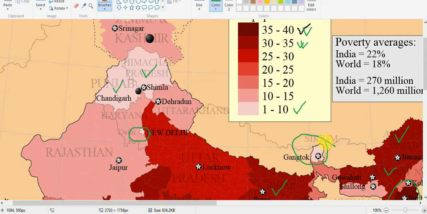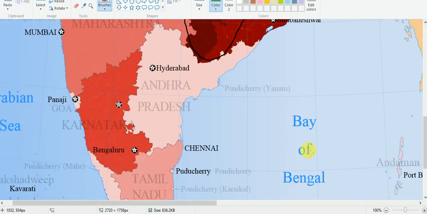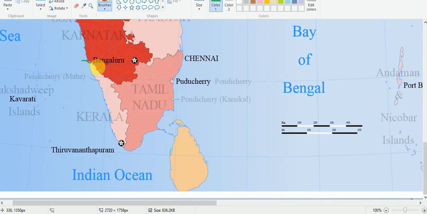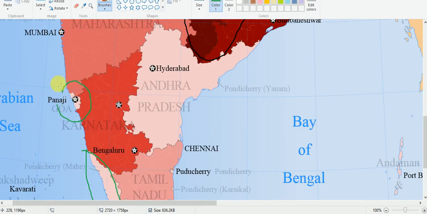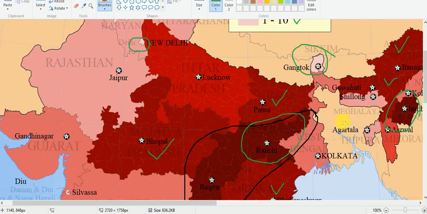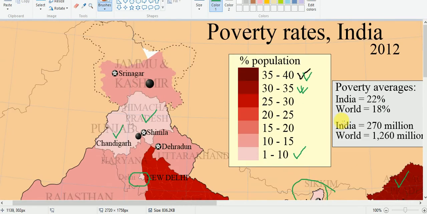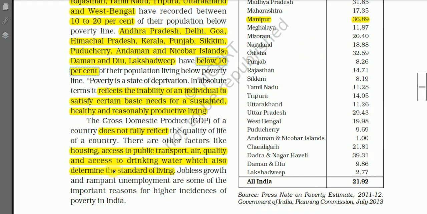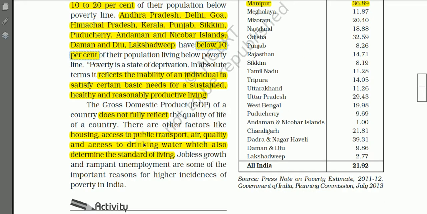Here we have Sikkim, and here we have Kerala, then Goa, and the states of Andhra Pradesh and Telangana are also here. So in this way, this map shows the distribution of poverty rates in India in the year 2012. So let us continue.